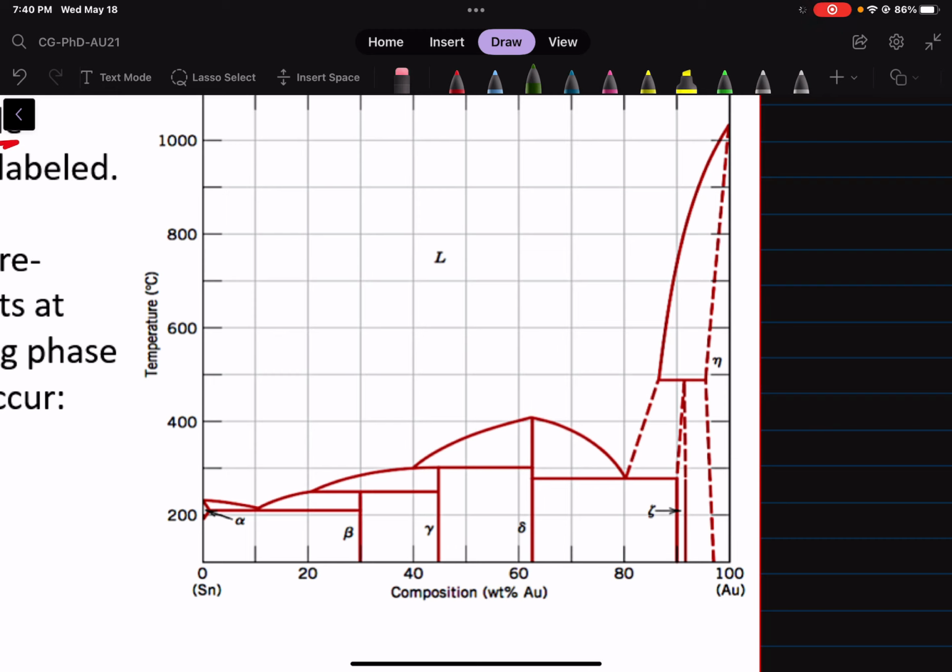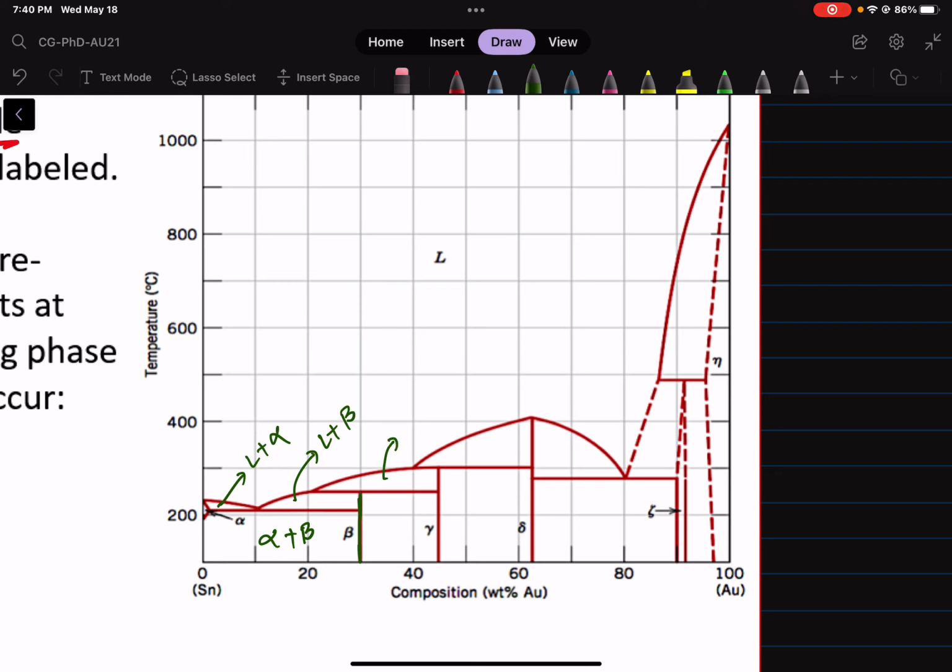Let's start with the left. You know that this region, because alpha is on the left and liquid is on the right, is basically liquid plus alpha. Similarly, this region is liquid plus beta. At the bottom here, this will be liquid plus beta. Interesting thing, beta is a single line. It's literally one single line over here. So keep that in check.